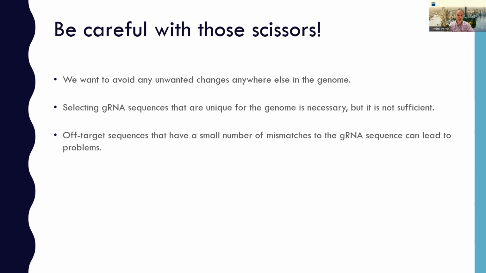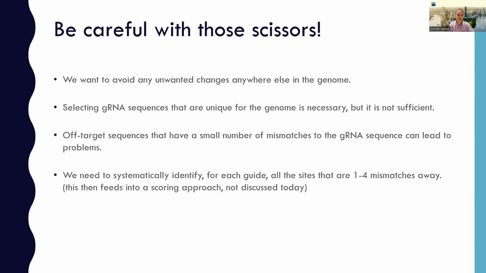It is well established that sequences that have a small number of mismatches compared to the guide can still lead to problems. The guide can still bind at these sites, and we're going to call them off-target sites for the guide that we're designing. To evaluate the risk associated with these off-target sites, we need to systematically identify for each guide that we consider all the sites that are 1 to 4 mismatches away.